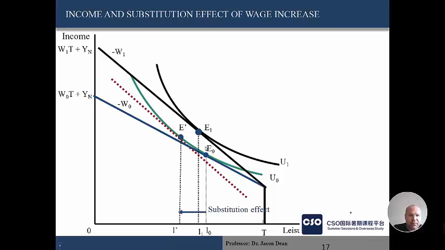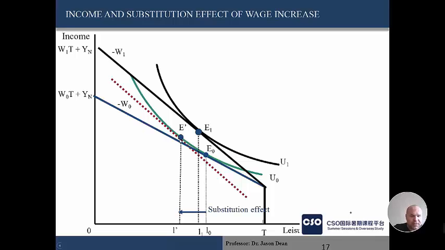Moving along from E0 to E prime shows you the change in their decision based solely on the difference in the wage. The wage was W0 here, we would like to be here, and if the wage is W1, the steeper line, we would like to be at E prime.